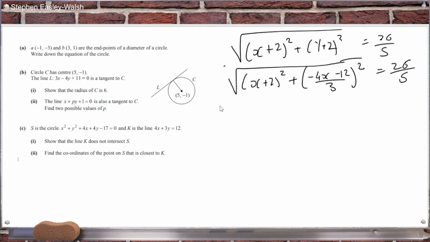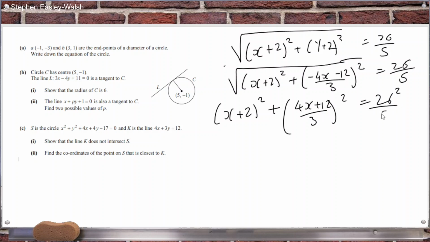Squaring everything, I have x plus 2 squared plus, the minus doesn't matter here because you're squaring, 4x plus 12 over 3 squared equals 26 squared over 5 squared.